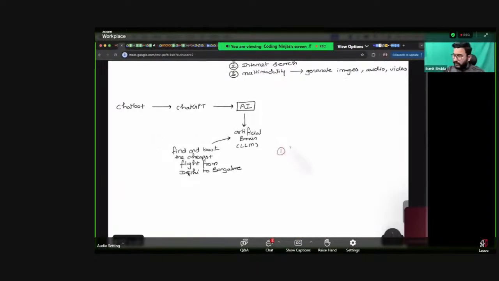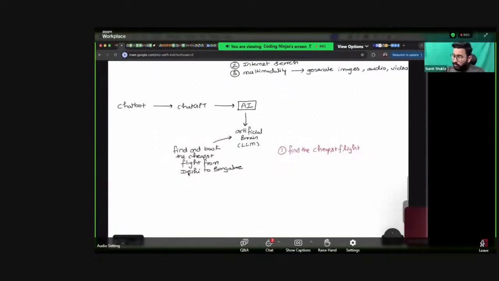It can find the cheapest flight because the LLM that we use today is connected with internet search. So it can do this task for me. But the question is, can it also book? It cannot, right? Because it doesn't have the access.